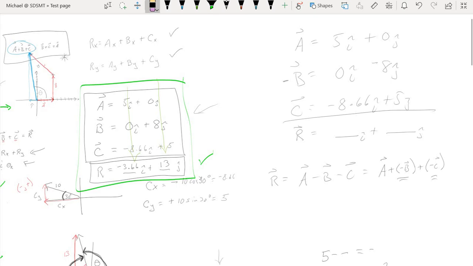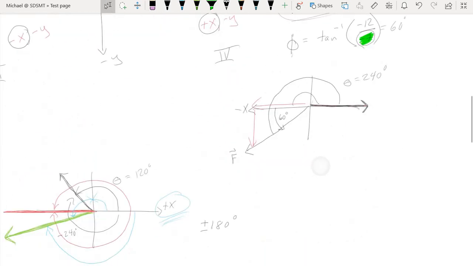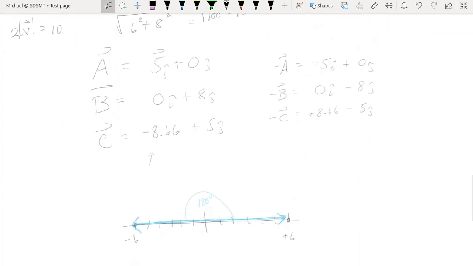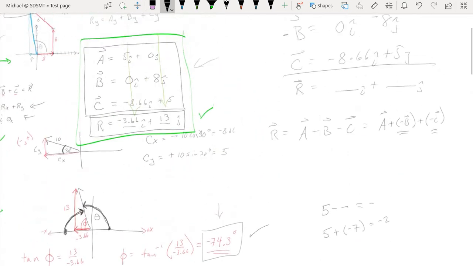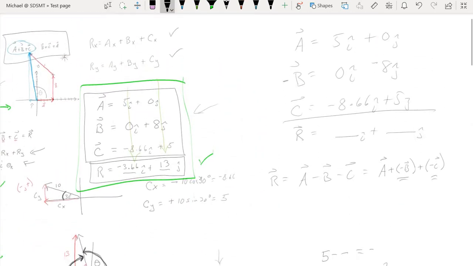So now I have 0 minus 8j hat. That is the vector -b. That's exactly what we have down here. See, there's the vector -b. Likewise, we're going to slap a minus sign in front of vector c, and we're going to carry that minus sign through to all the components. 2 negatives makes a positive, 8.66.